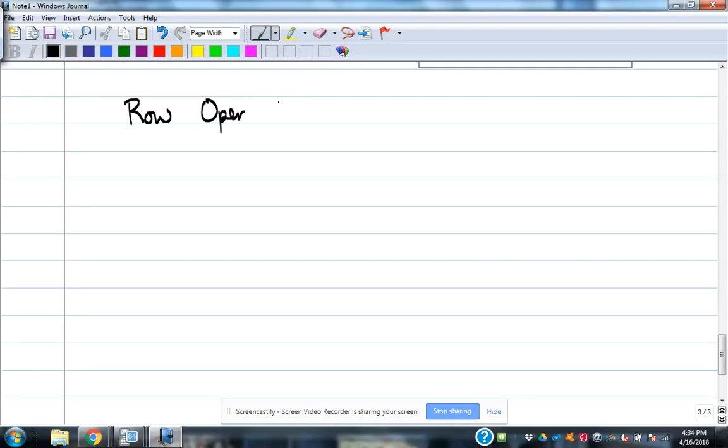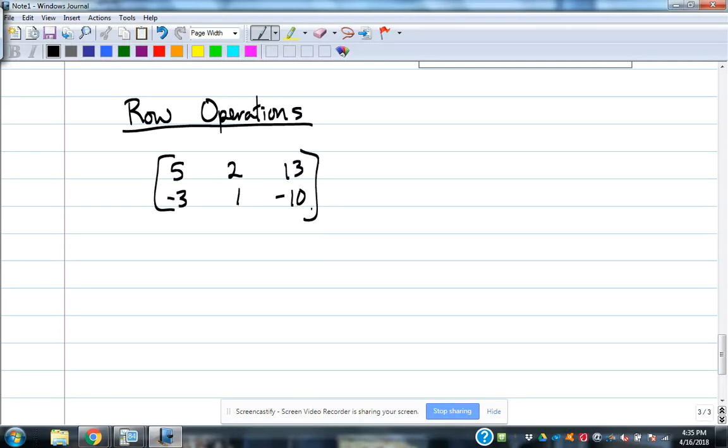Solving, you just do the RREF and go from there. But they do ask you, here's your original matrix, 5, 2, 13, -3, 1, -10. They give you a matrix, and they say, perform the following row operation. Row 2 is equal to 3 times row 1 plus row 2.